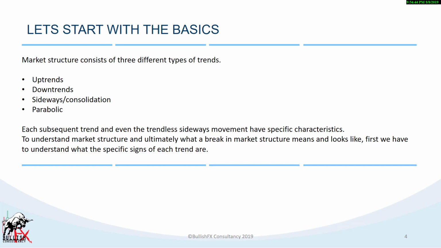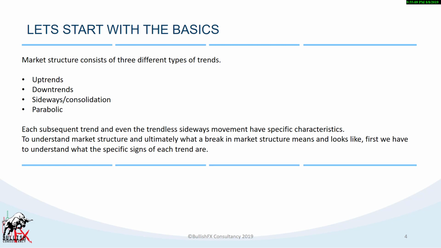Market structure consists of three different types of trends. We've got uptrends, we've got downtrends, and we've got sideways and consolidation. We also have what we call a parabolic trend. We're going to talk about this a little bit further in the tutorial.